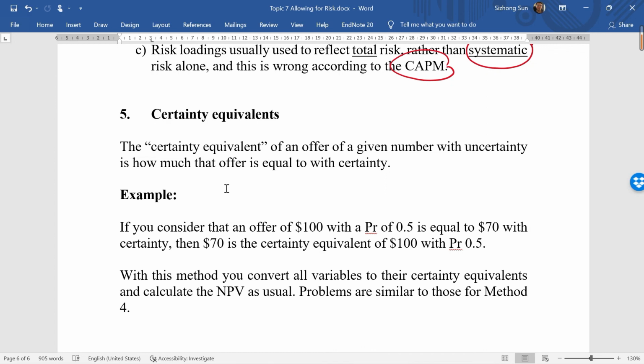If you consider this lottery equal to $70 with certainty, then you are going to use this $70 in the NPV calculations. With these measures, you convert all variables to their certainty equivalents and calculate NPV as usual. And we have similar problems as with the fourth approach.